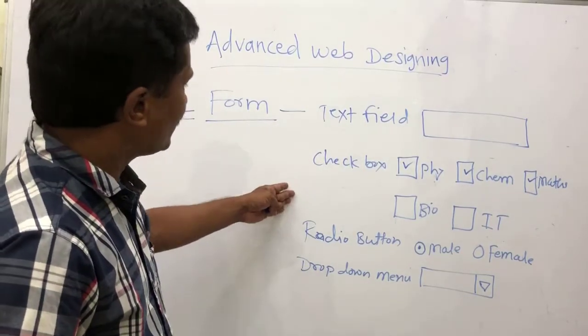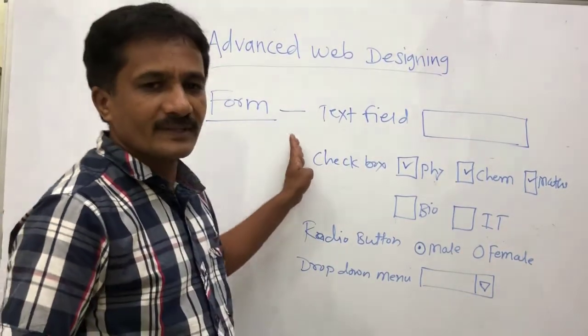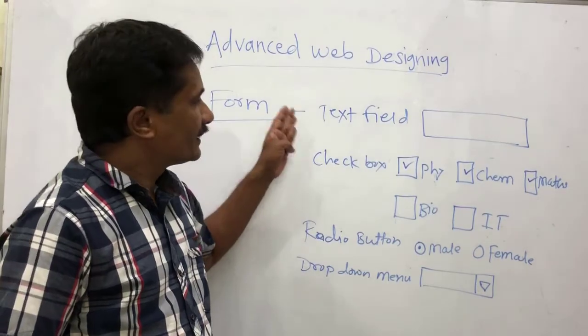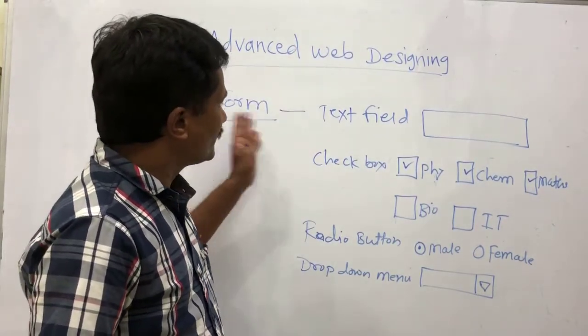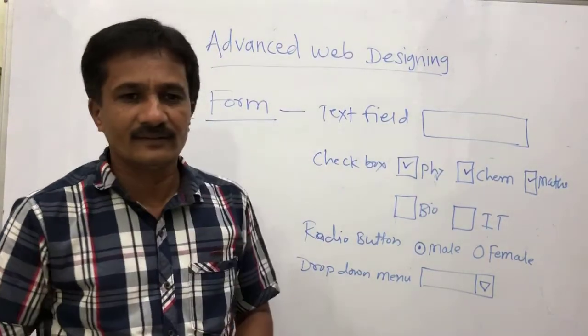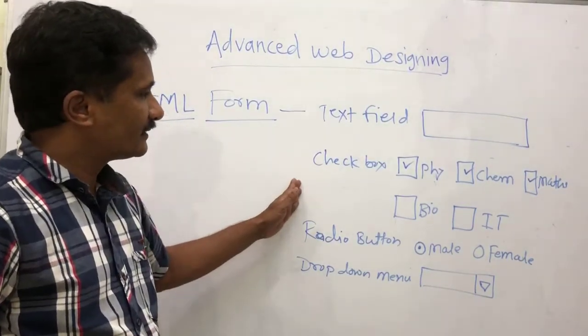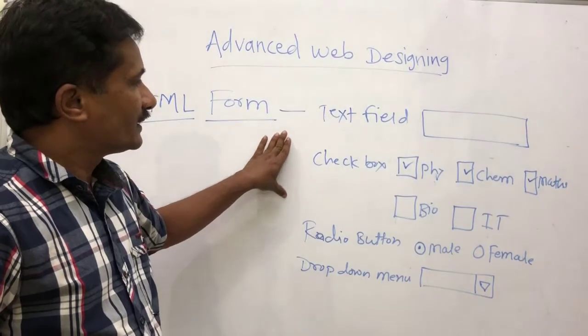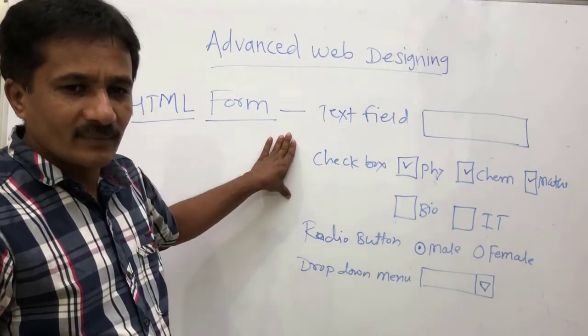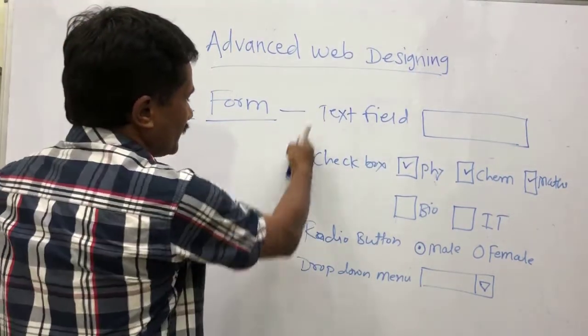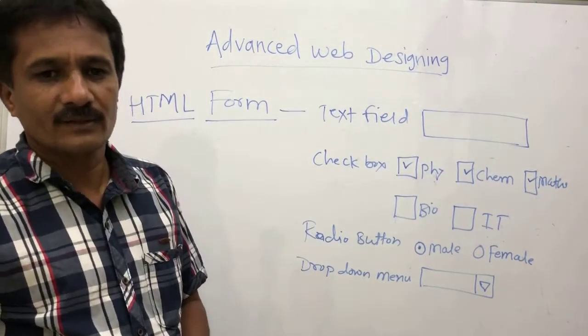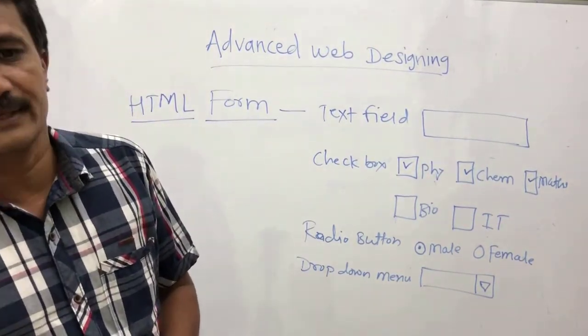These are some basic elements or basic objects you can design using the design form. These are the basic elements of the form. At the time of designing the form, you can use some elements to make the form attractive.